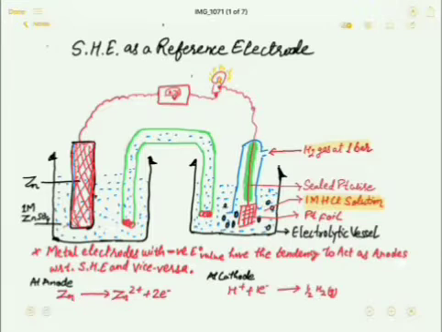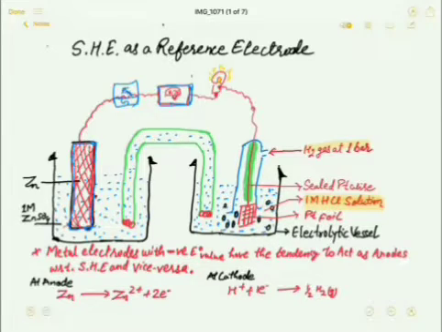So zinc electrode is more reactive than the hydrogen electrode, so it is getting oxidized here, and we can see here that we are using a voltmeter to find out the electrode potential, and you can also use one more gadget here such as galvanometer, which gives us the direction of movement or flow of current.